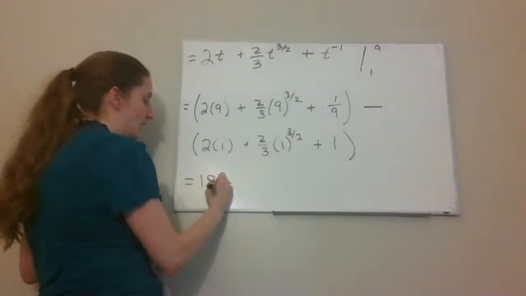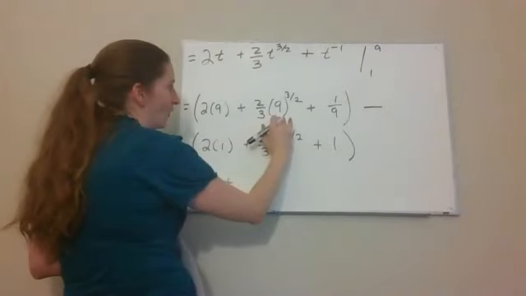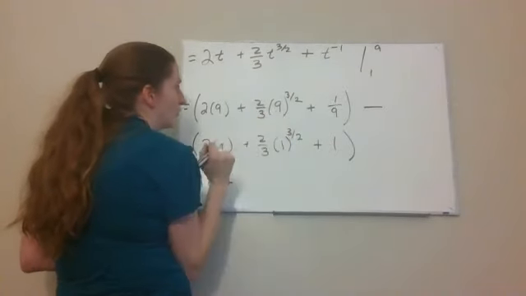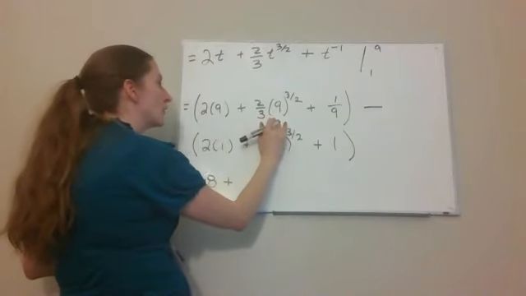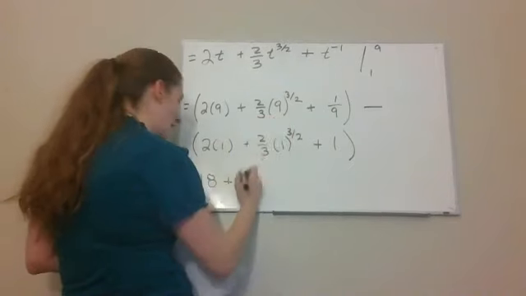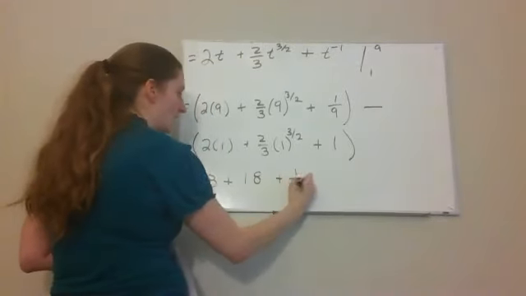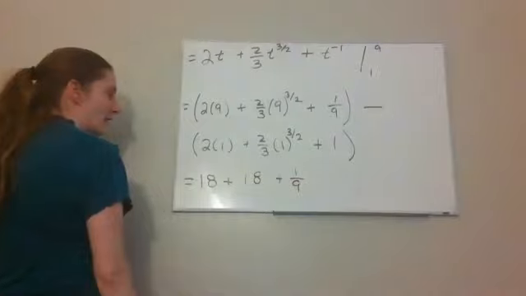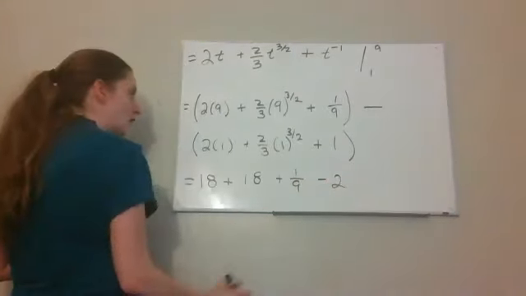I get 18 plus my 9 to the 3/2 would be 3 cubed, which is 27. 27 times 2/3 would get me 18. And I still have my 1/9. And then in my second set of parentheses, I have a 2, so minus 2.